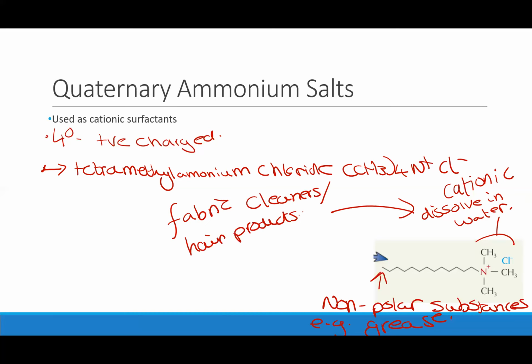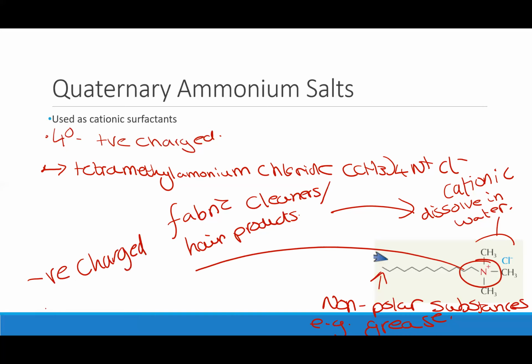that hydrocarbon chain attaches to them, and then the cationic head is able to dissolve in water, and we can use it in those ways to clean products. In addition, the positively charged part, so that ammonium ion at the top, is able to bind to negatively charged surfaces such as hair and fiber.